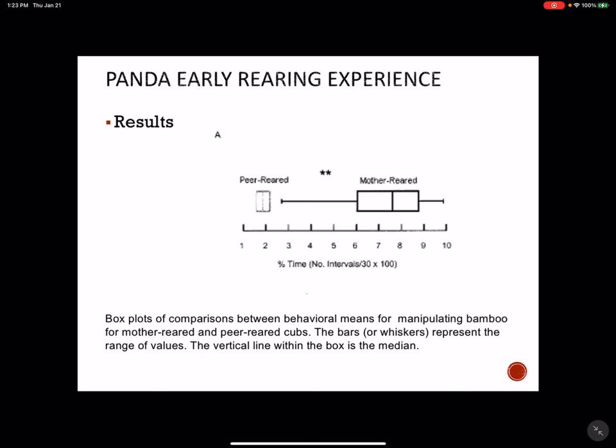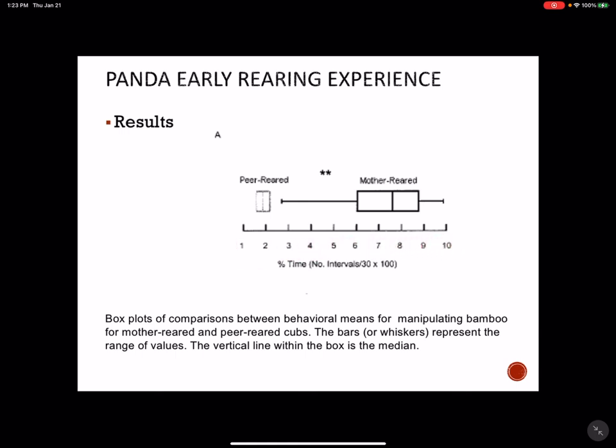So here's the results. And I'm just going to show you the one for manipulating bamboo because the study gets a little more complicated. But you can see this axis right here is time. And let's say it's minutes.